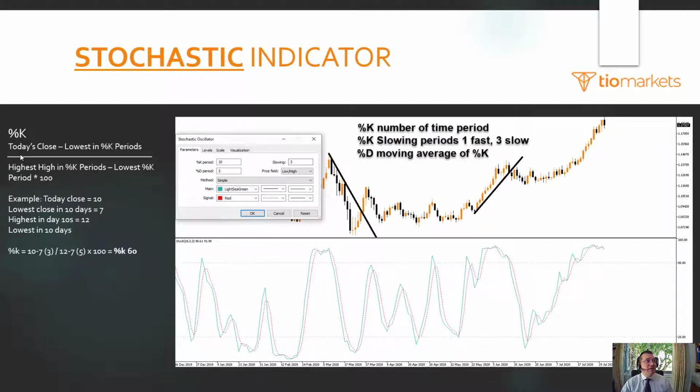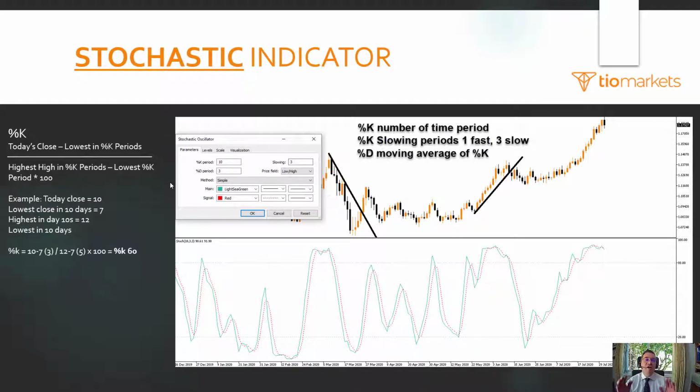Let's say today's close, the calculation is as follows. It's today's close minus the lowest in percentage K's periods. If we're looking at 10 days, we look at today's close and go back 10 periods to find the lowest price. Then we divide that by the highest price in those time periods minus the lowest price, and multiply by 100.